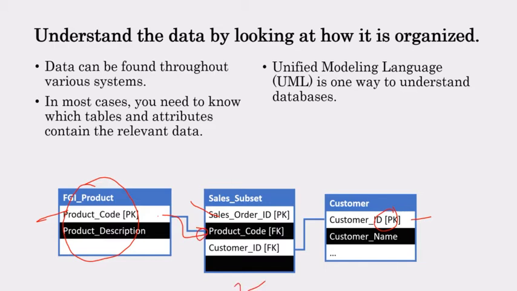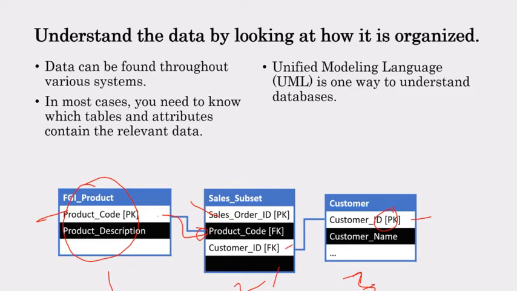I'm calling these the first, second, and third table. The product code is the foreign key of this one, and customer ID is the foreign key of the customer ID.